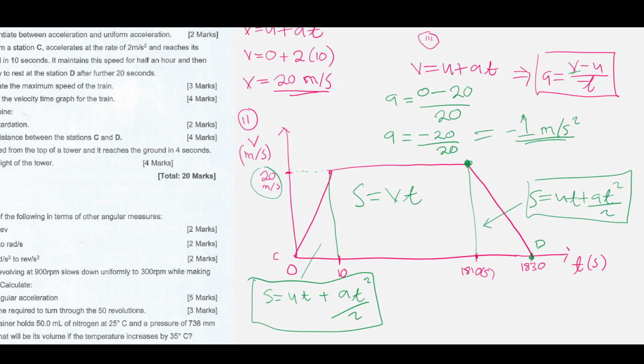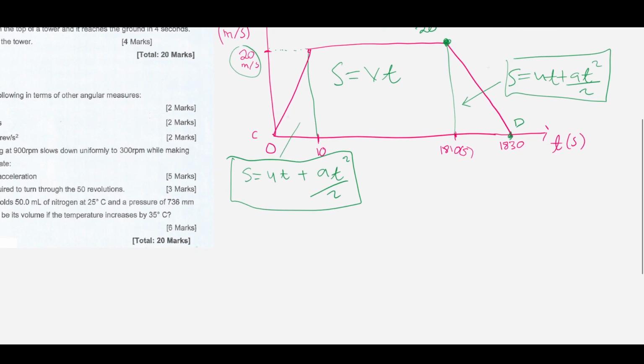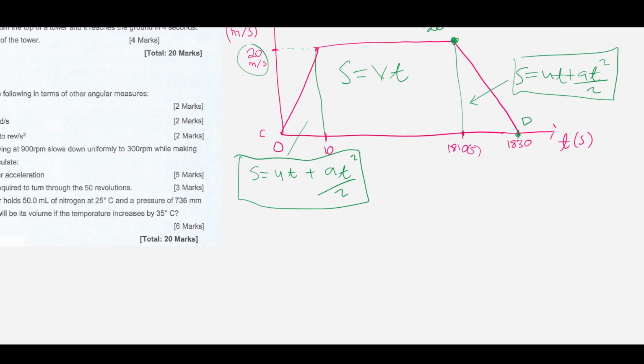And then after we find the three distances, we'll be able to find the total distance by just adding them all. So for this triangle here, we know that our initial velocity is 0, and then the final velocity is 20 there. Or we don't even need the final velocity, we know that the time is just 10.